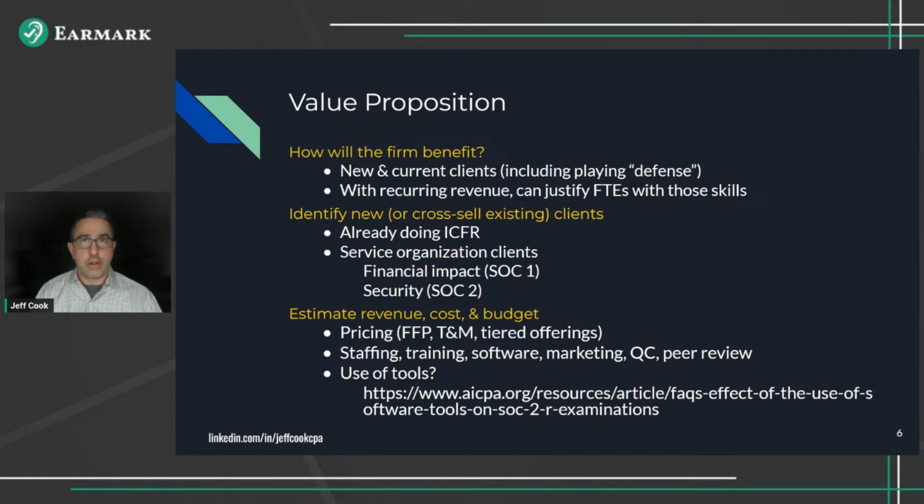Marketing, you're going to have to develop marketing materials, website content, to talk about your firm's new SOC services, at least initially, right? So you're going to have to bring that into perspective when you think about the cost of establishing this practice. Quality control, the skills and expertise of the firm's new SOC team enable the performance of effective quality control reviews over SOC services?